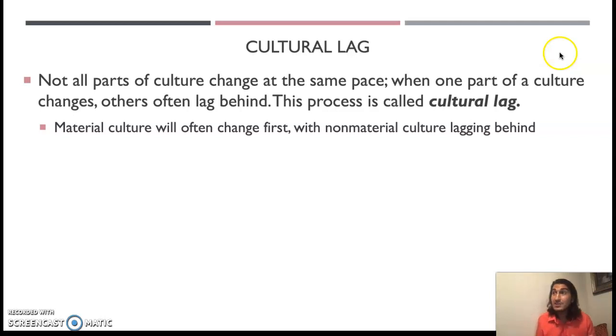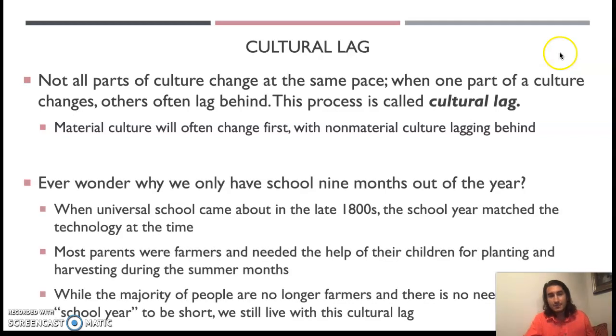And those apps really changed the way we communicate with people. But right when the smartphone was first created, it wasn't like people just stopped calling and talking to people on the phone and people just automatically used things like Snapchat and Facebook Messenger to communicate, right? Those changes took years to develop. Another great example of cultural lag.